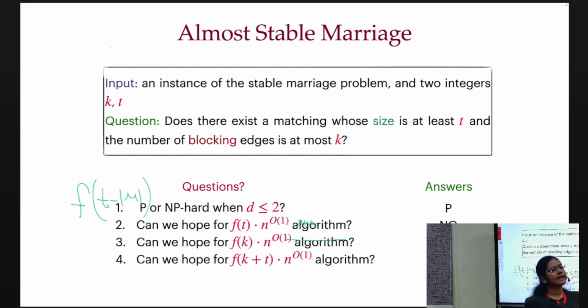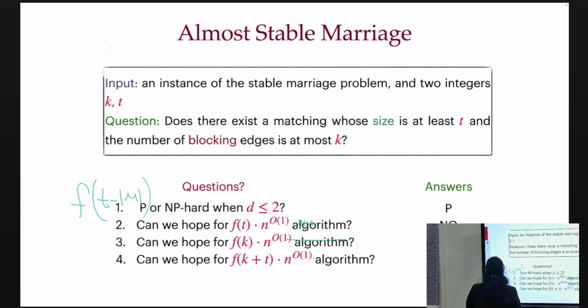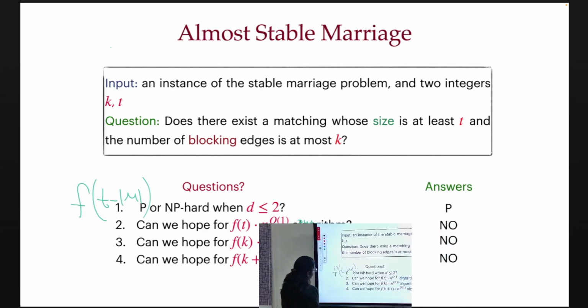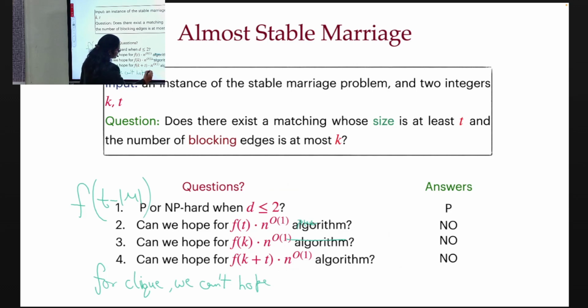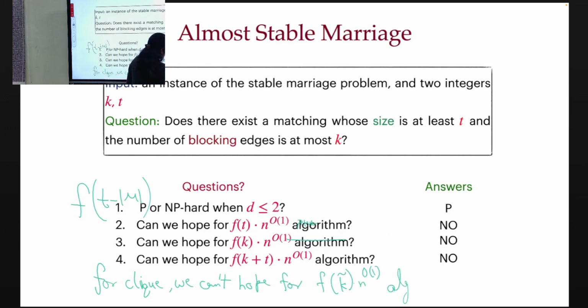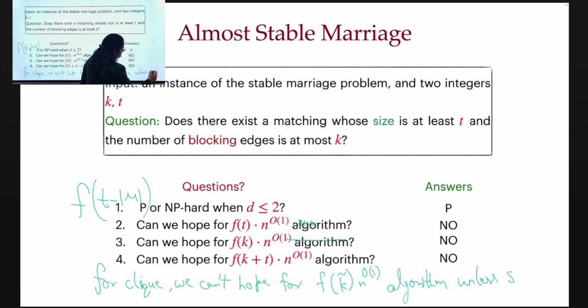Because for clique also, we can't hope for f of K tilde with only polynomial dependency on n.